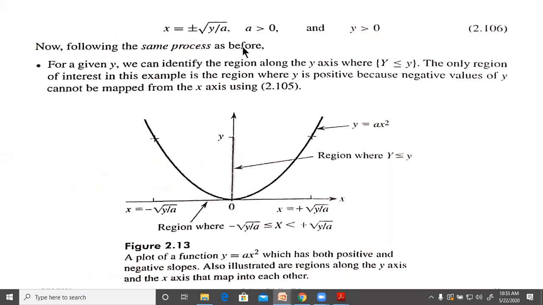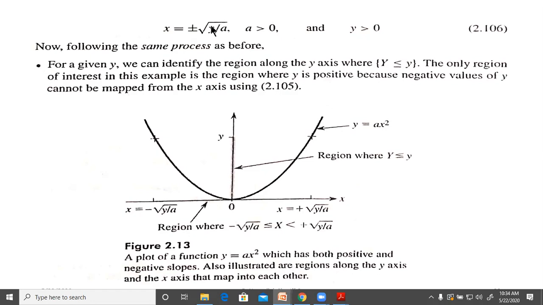So now following the same process, here y is greater than 0, a is greater than 0. For the given y, we can identify the regions along the x-axis where Y is less than or equal to y. The only region of interest in this example is the region where y is positive, because negative values of y cannot be mapped onto the x-axis.